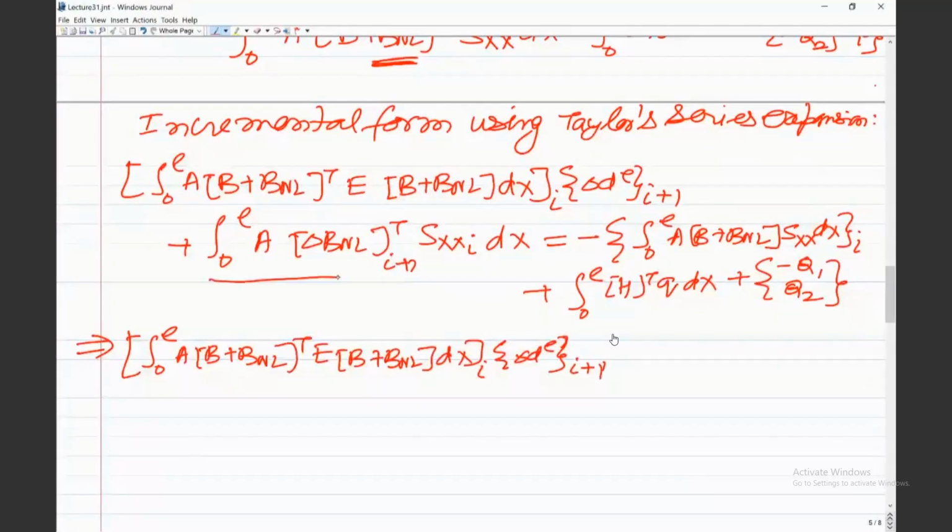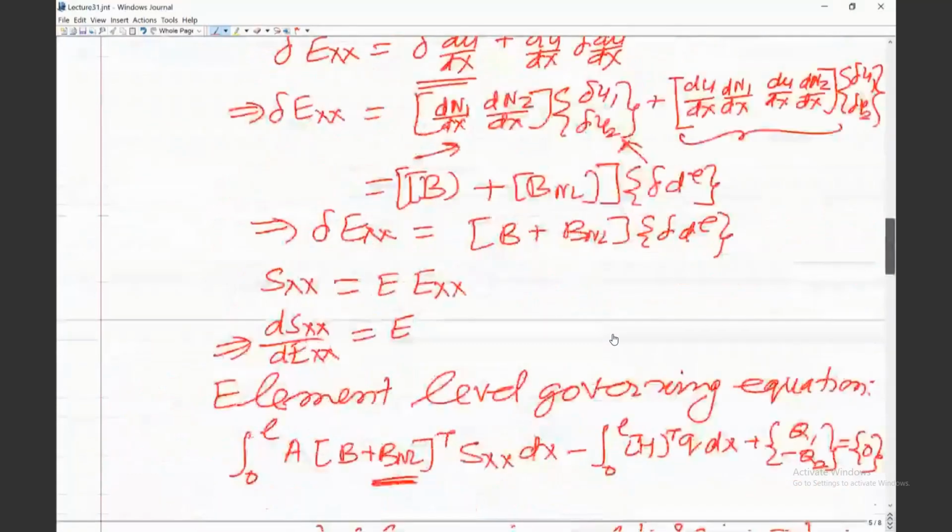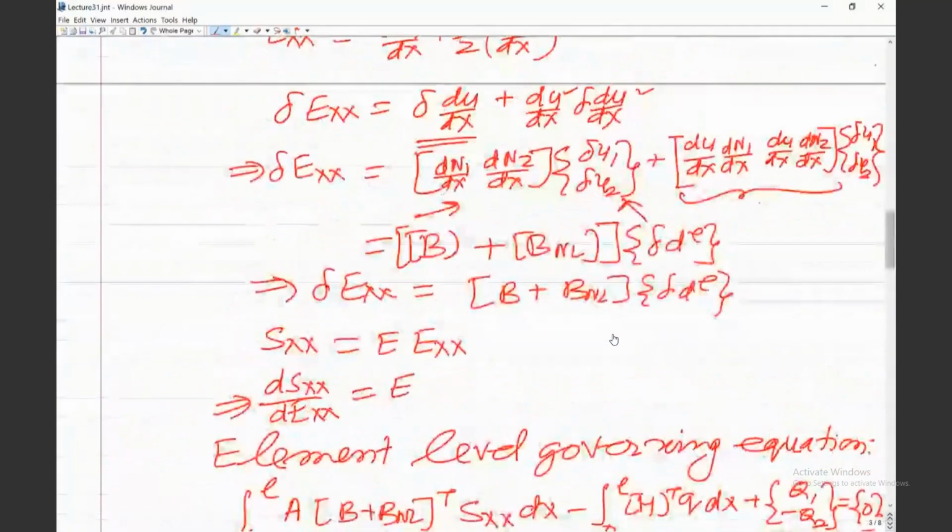Now this term. If you look at delta BNL, it is defined over here. BNL has got this term du by dx and du by dx. So what we have to do is take the transpose of this.